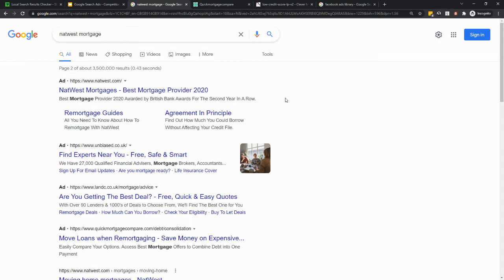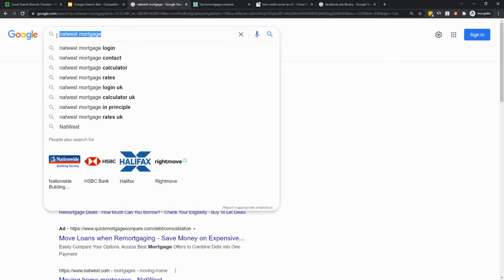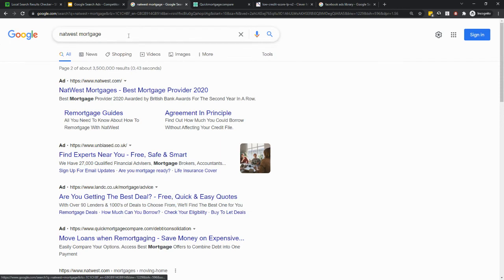NatWest is a very popular bank in the UK, and they have massive brand awareness. So in the mortgage space, when people are looking for mortgages or looking to remortgage, they may search high traffic keywords like NatWest remortgage. What their competitors are doing is bidding on this brand, because ultimately it's the same kind of traffic, the same intent, but more brand specific.